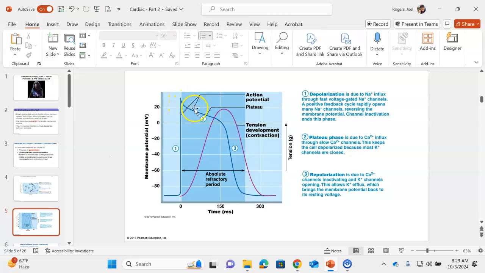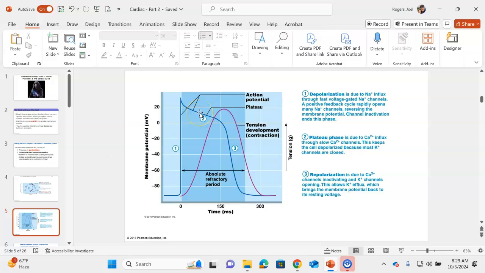And then phase two here is something called the plateau phase, from about here to roughly about here or so. Now, this is something that we haven't seen so far. We didn't see anything like this in the neuron, and we didn't see it in the SA node cell. But this plateau phase is longer than anything that we've seen so far. It's a kind of elongated, or prolonged, phase.